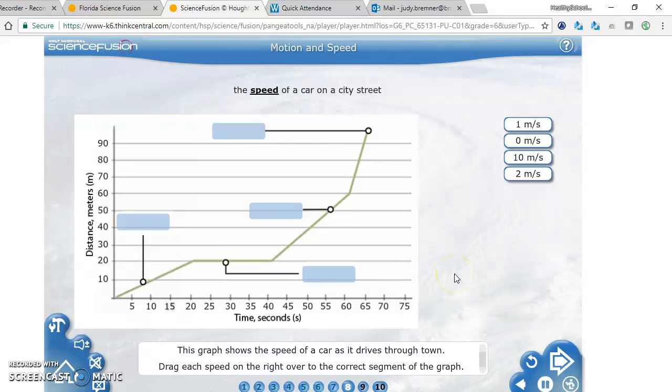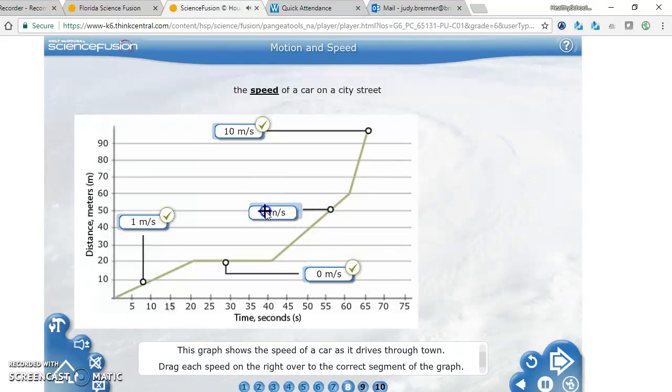This graph shows the speed of a car as it drives through town. Drag each speed on the right over to the correct segment of the graph. Well done!